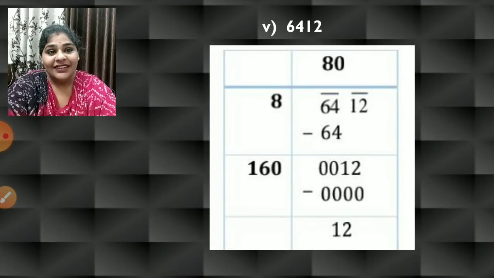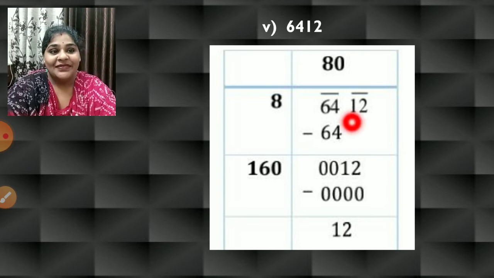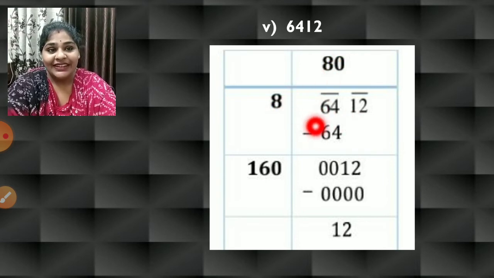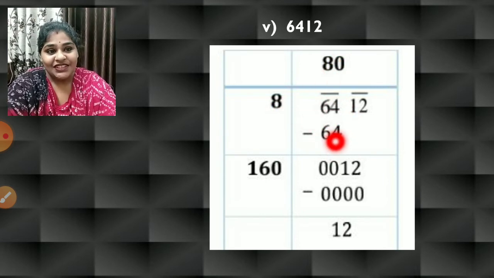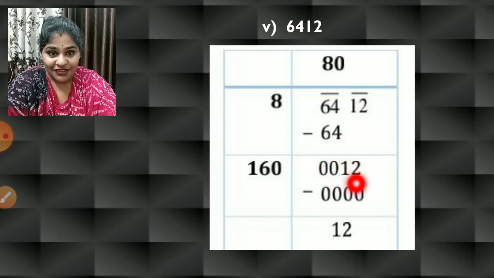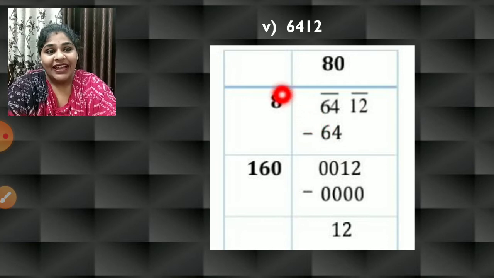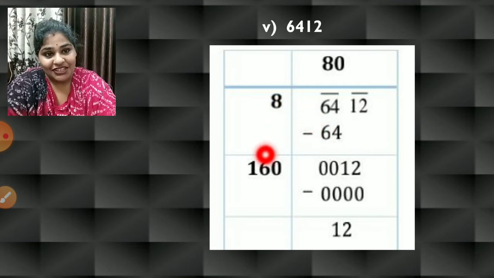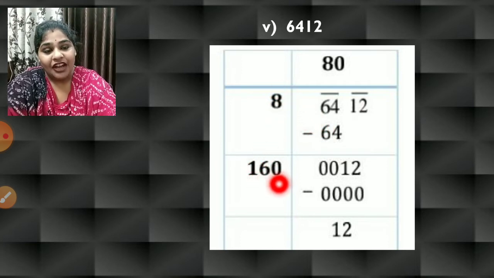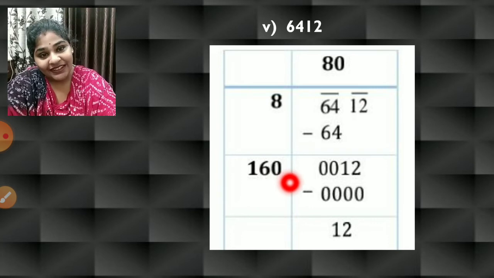The final one, the fifth one, is 6412. First pair it. Take the number over here: 8 8s are 64. 64 minus 64 gives you 0. The next pair comes down, that is 12, and 8 plus 8 will be 16 over here. After 16, the least number we can take is 0.